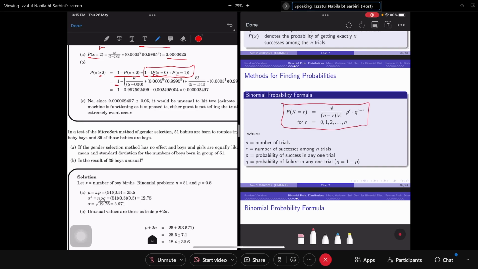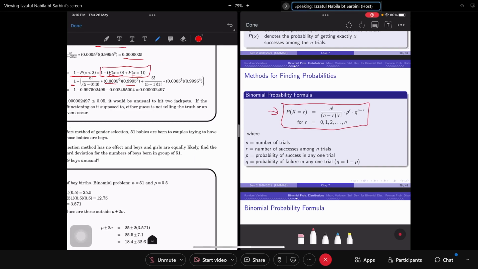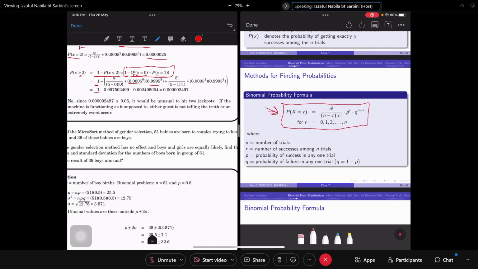So you just use this formula here and substitute r equals to 0, and then n equals to 5 and so on. The p and q will be the same. And then plus x equal to 1. So you just substitute again into the formula here and put r equals to 1. So you calculate. So you have 1 minus this and this.